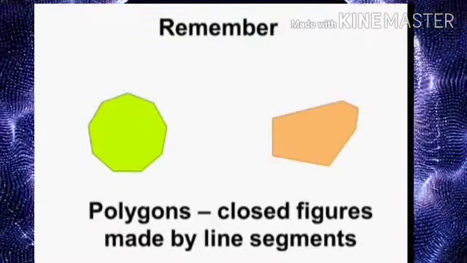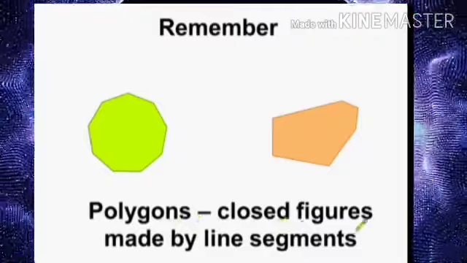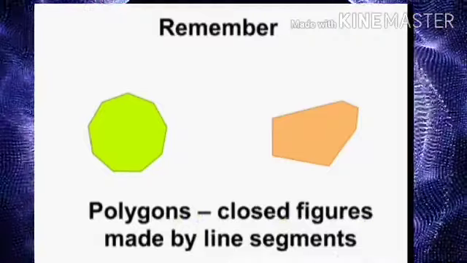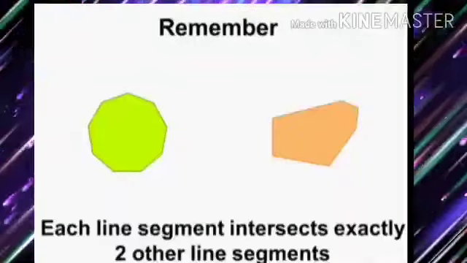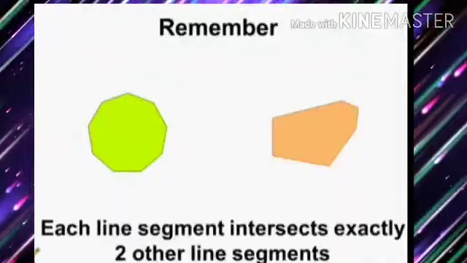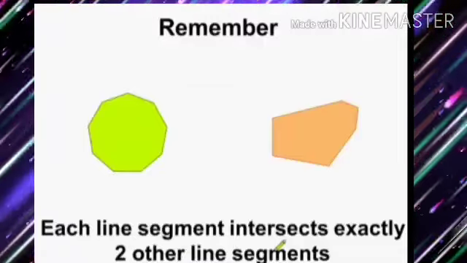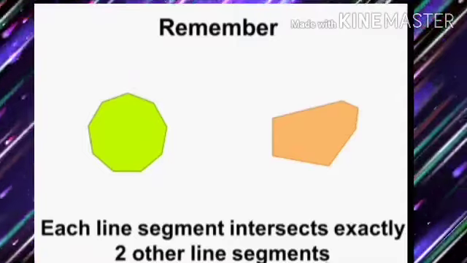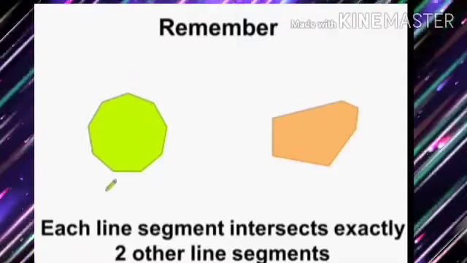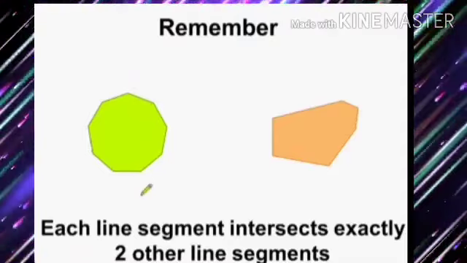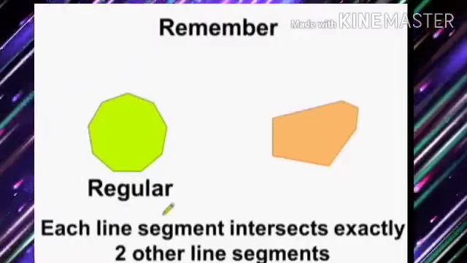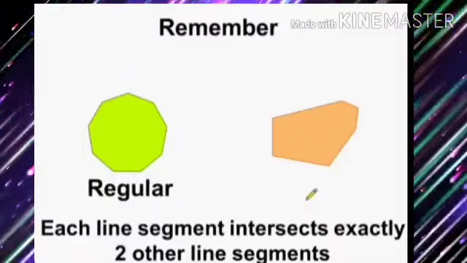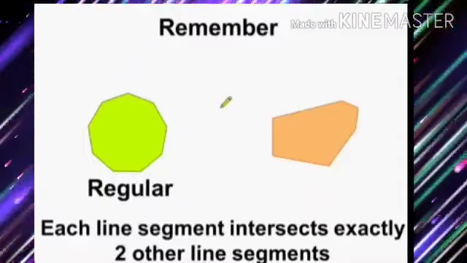Polygons are closed figures made up of line segments, and the most important property which we have been discussing since the start of the module is that each line segment intersects exactly two other line segments. This is an example of a regular polygon, and the second one is an example of an irregular figure, or you can say an irregular polygon.